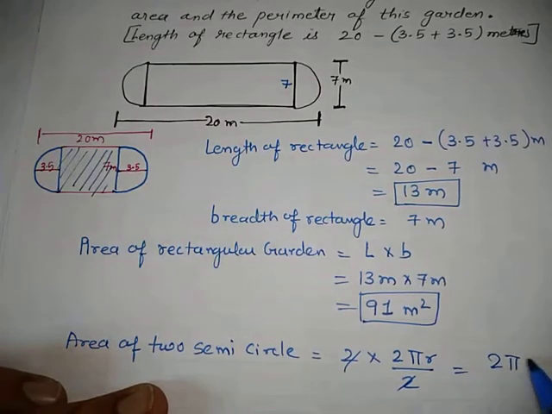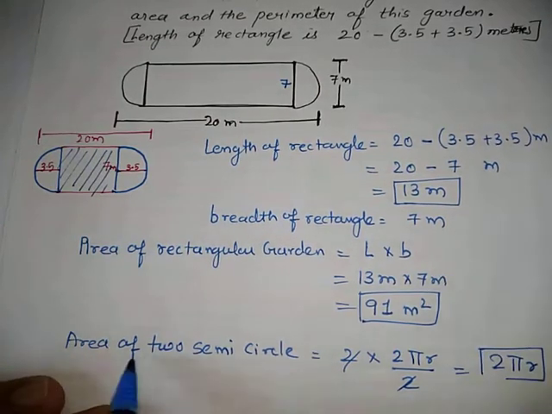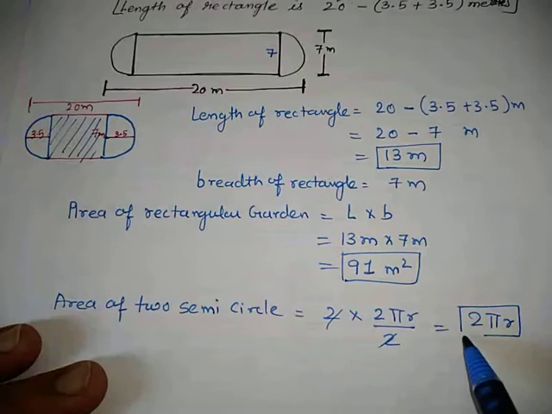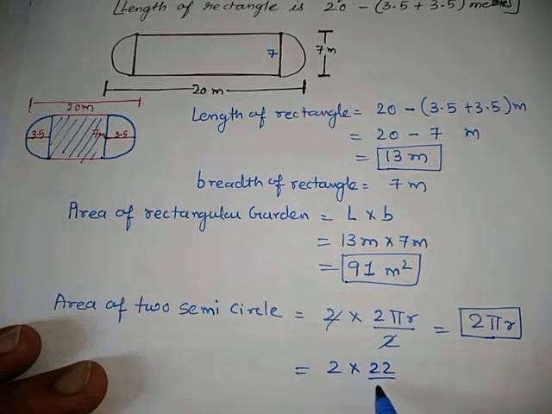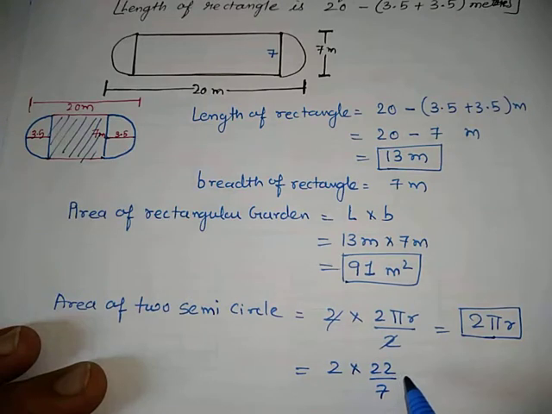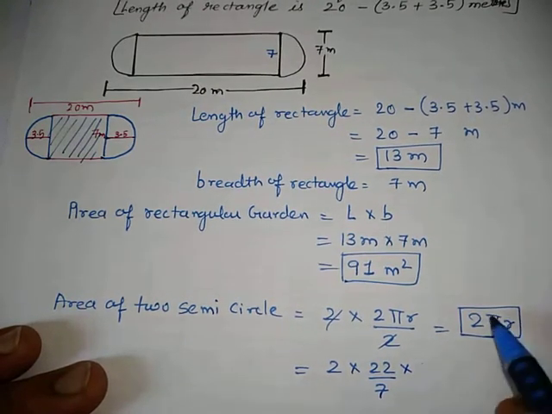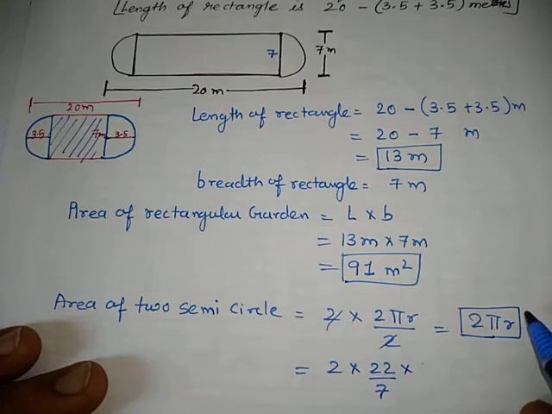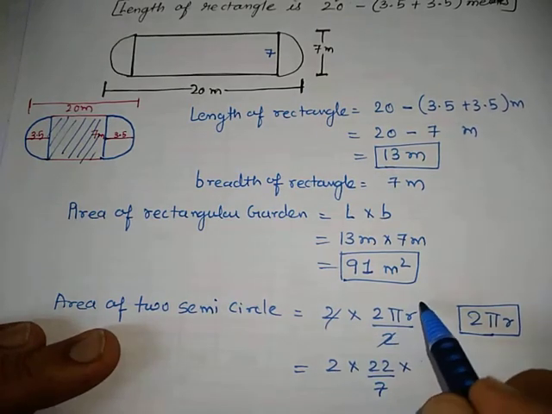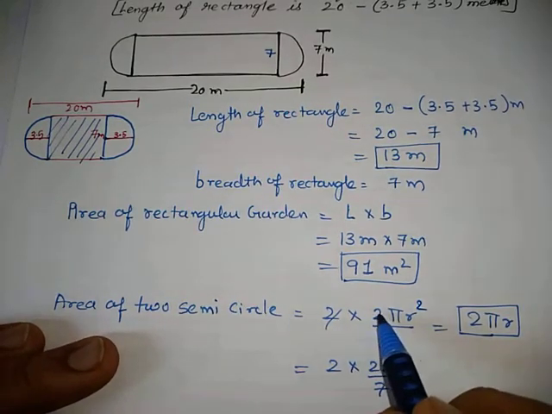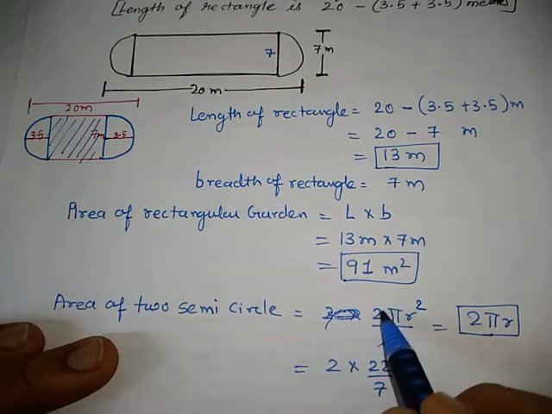So 2 pi r, that is the area of two semicircles, which equals one circle. So 2 multiplied by 22 by 7, into radius 3.5. Sorry, we need to find the area, so pi r square. So 2 pi r square divided by 2.